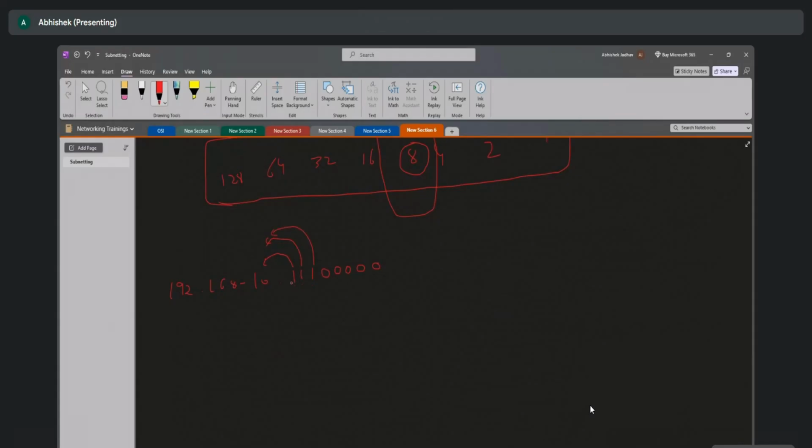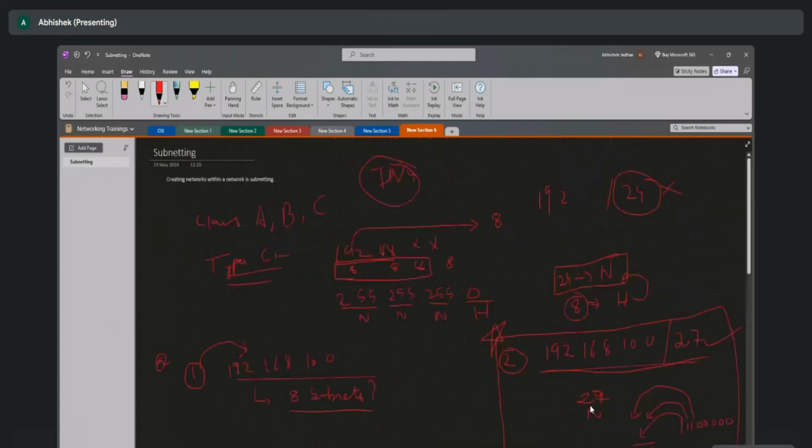I told you at the start that creating networks within a network is subnetting. The other definition of the same is borrowing network bits from the host section in order to create a network is subnetting, right?